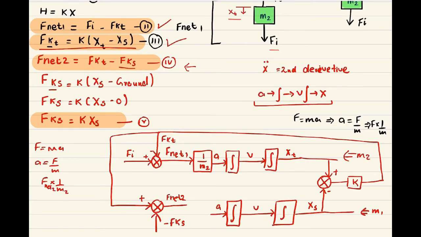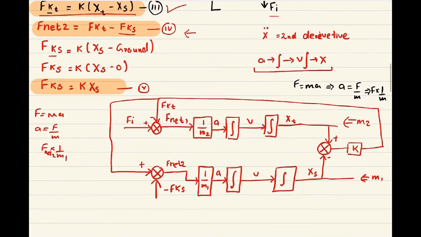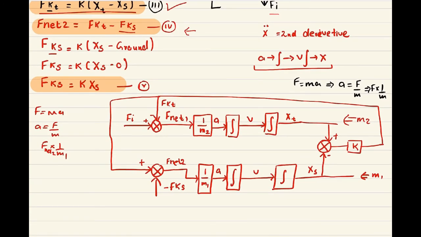So we are having this block here, which is 1 over m1. Sorry, this is not m2, this is m1. Let's place this m1. I'm just gonna make this block a bit bigger so it's much easier to understand. We get our 1 over m1, and this F2 is going inside, and all we're left with is proving this equation, which is Fks equals to what.